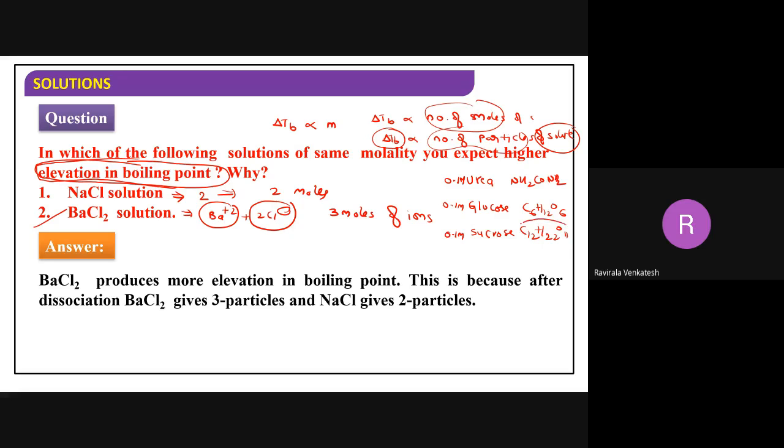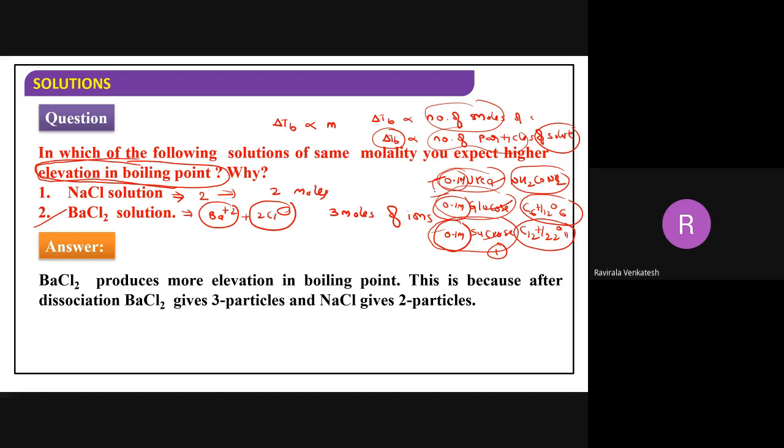Now, do they dissociate into ions? These are organic molecules. Even if you take benzene or any other solution, do these three dissociate? Never. They do not undergo any dissociation. If they don't undergo dissociation, how many particles will there be in the urea? 1. Glucose 1. Sucrose only 1 particle. And the concentration is also the same here. You have to see the concentration also.